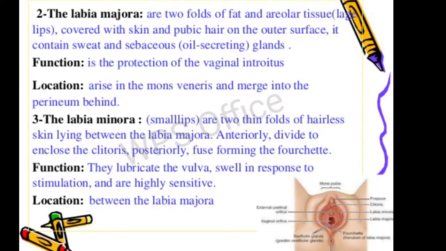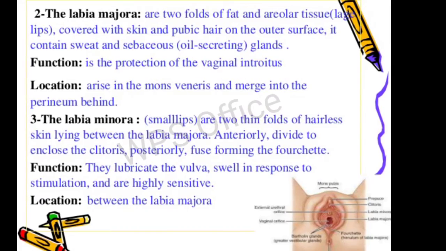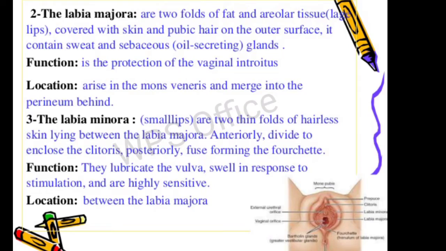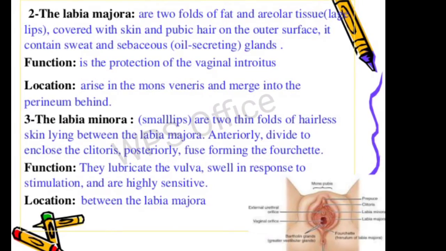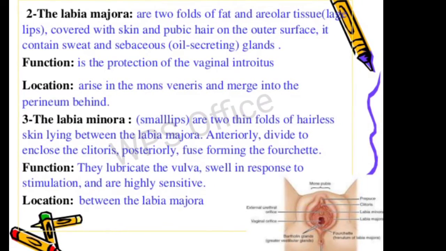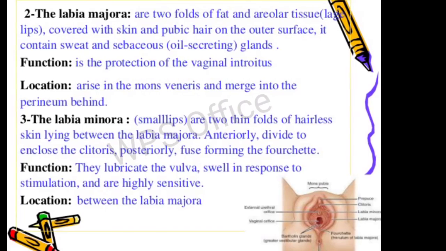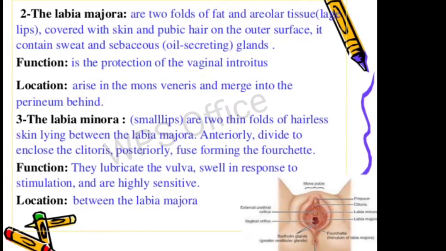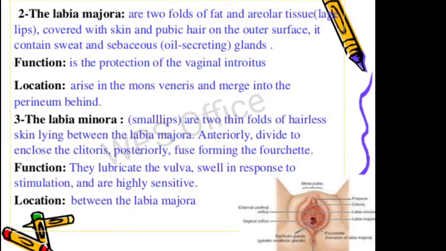In front of the labia minora lies the clitoris. Then behind lies the fourchette. Its function is to lubricate the vulva, swell in response to stimulation, and it is highly sensitive. Its location is between the labia majora.